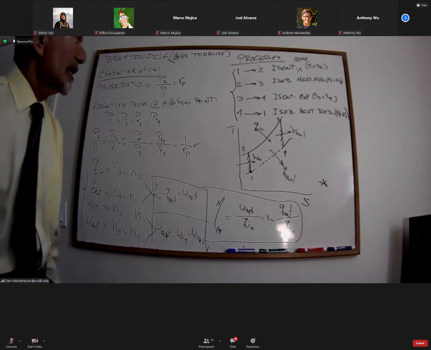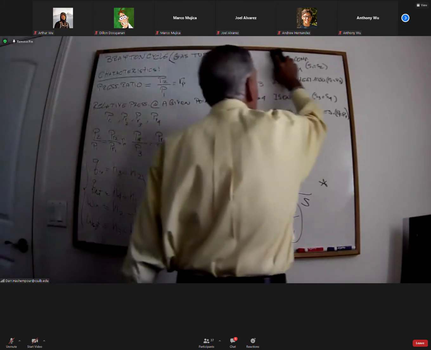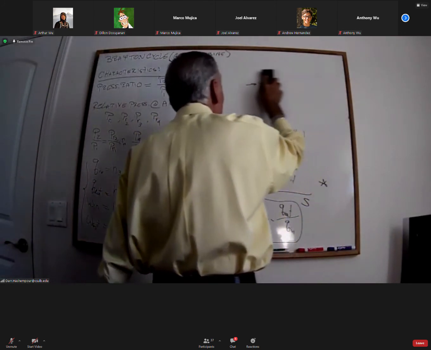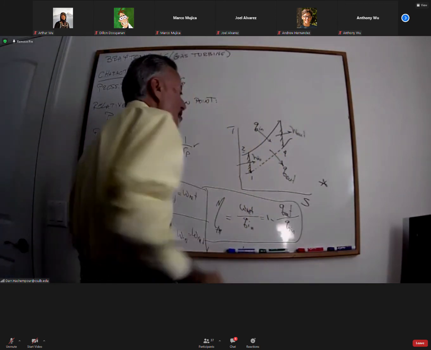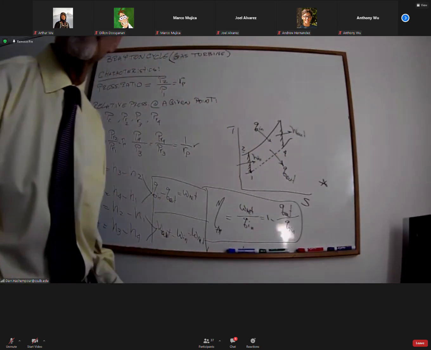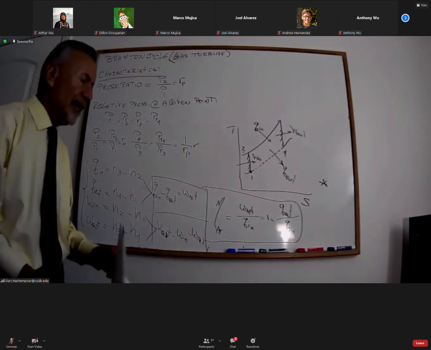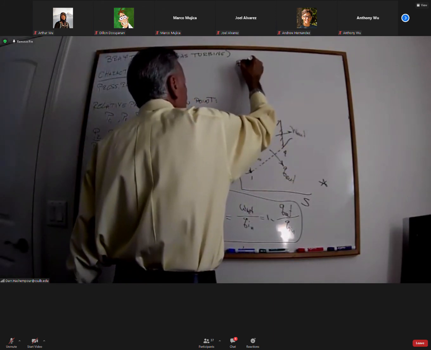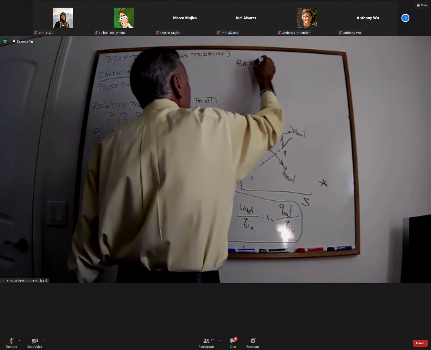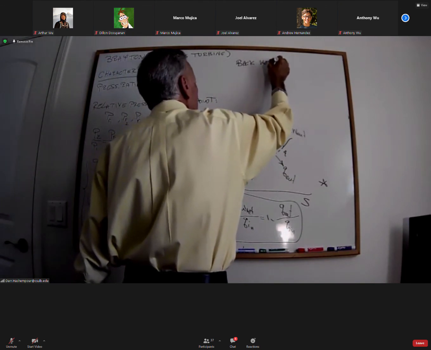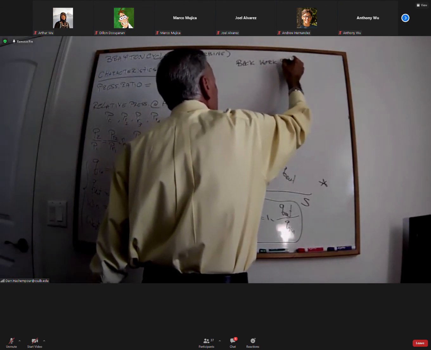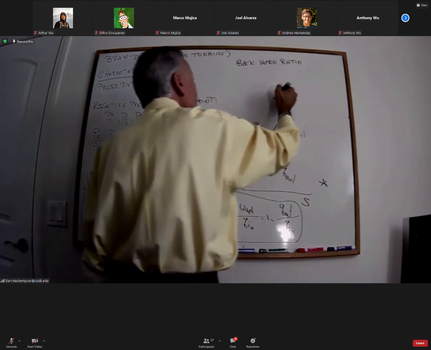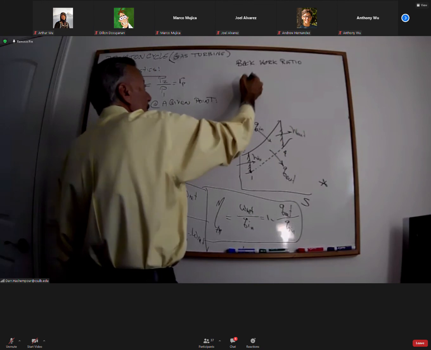There is one more characteristic. If you remember, for both the Otto cycle and the diesel cycle, we had a mean effective pressure. Here, we have something called the back work ratio.